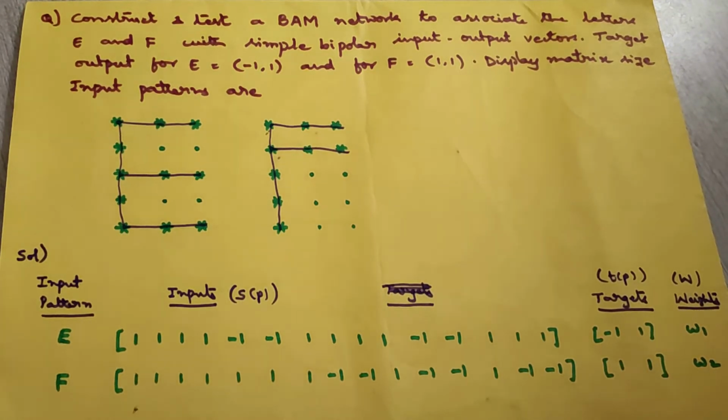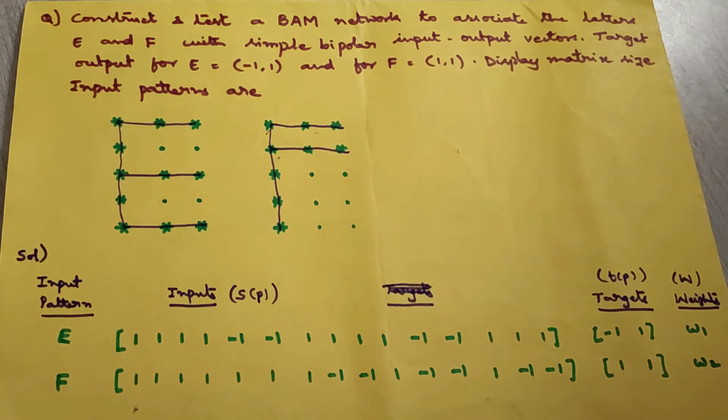The exact question is I need to frame a BAM network which can associate both capital E and capital F. That means I need to take the weight matrix W1 from capital E and W2 from capital F, and frame my new weight matrix which can show the property of associativity for capital E and capital F with their corresponding inputs and targets. So this is what we need to do.